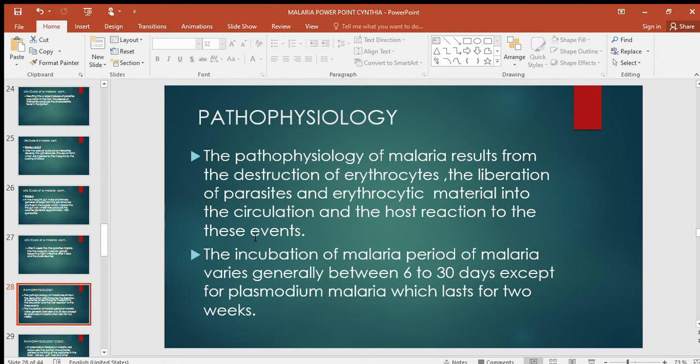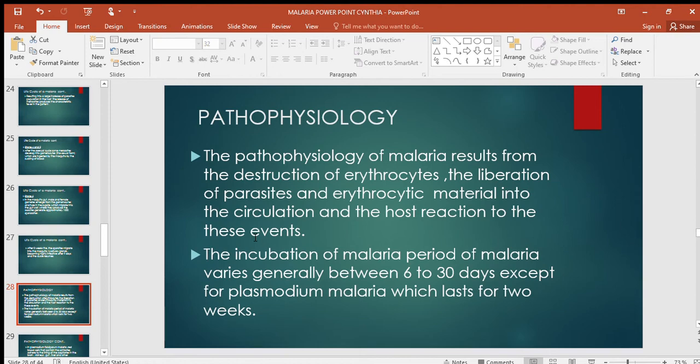Remember, we said that the merozoites from the liver will infect the blood cells in the periphery. As they invade, they'll start feeding on the red blood cells and destroying them. As they are destroying them, they are also releasing materials of the red blood cells into the circulation.